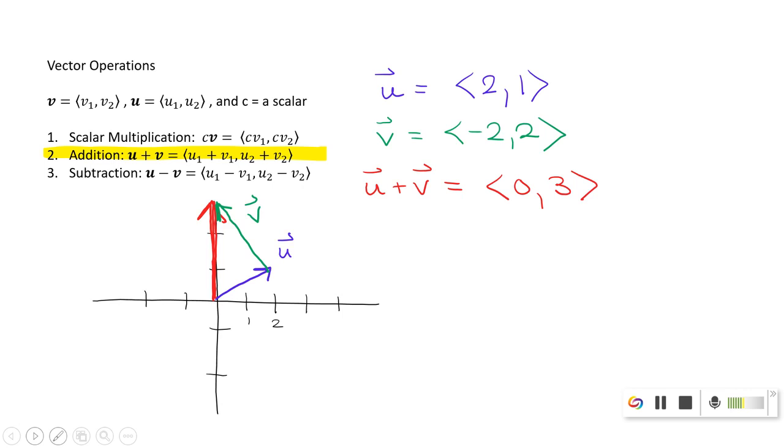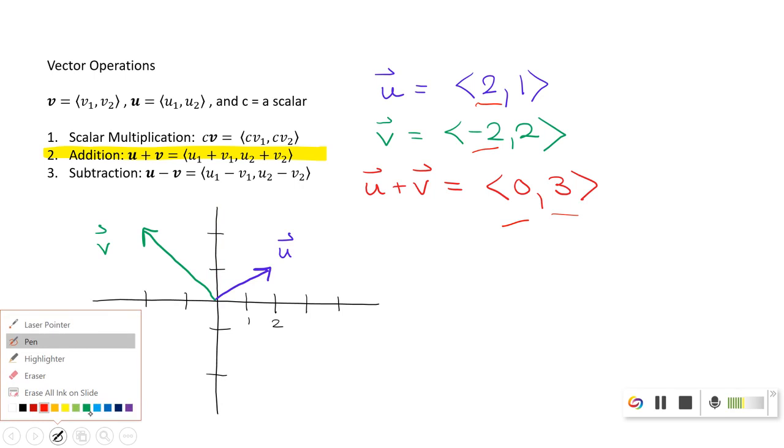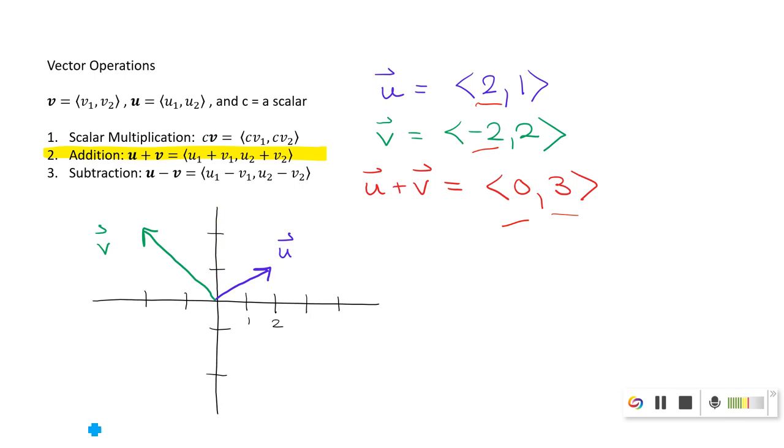Now, there's actually a visual way to understand vector addition, and I've tried to put it into my screen. So let me go back a minute. Here's my vector u and vector v. One way of thinking about vector addition is you have this vector u, I'm going to keep that where it is.